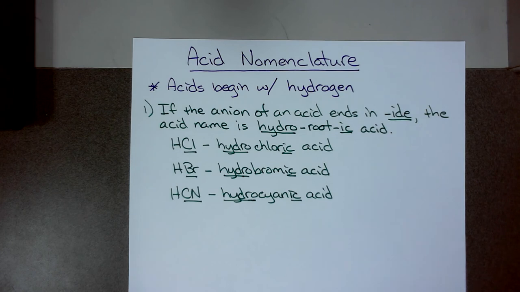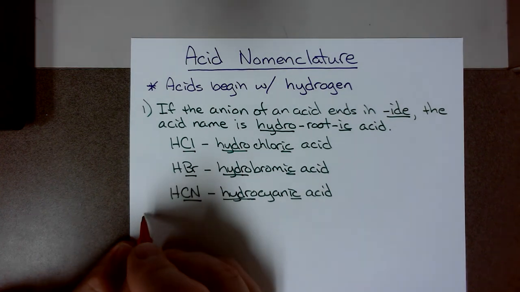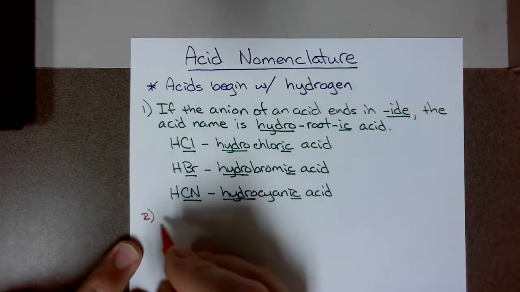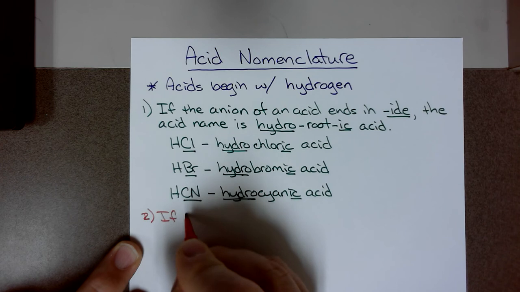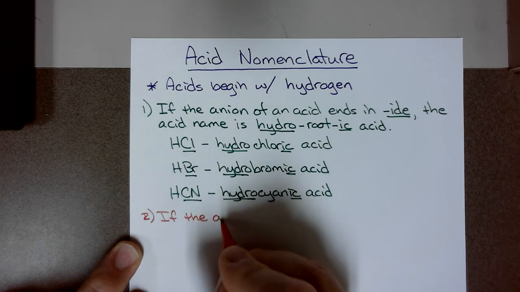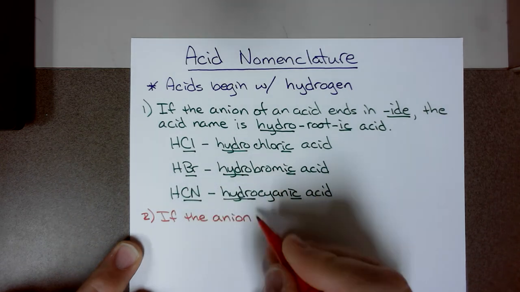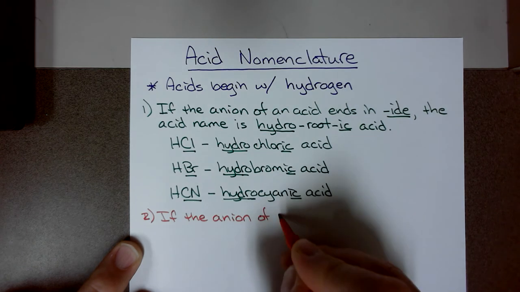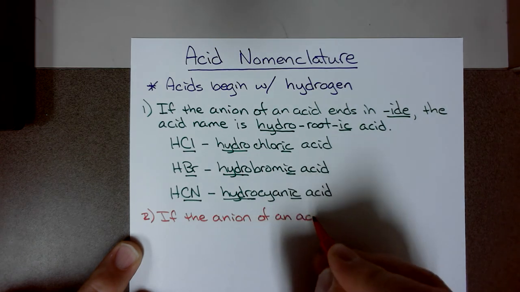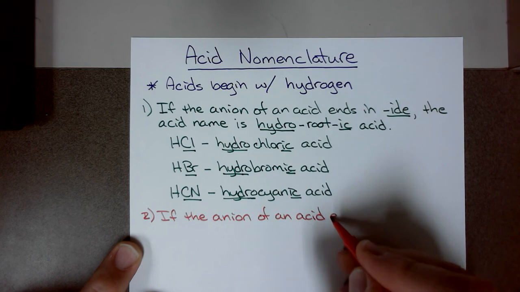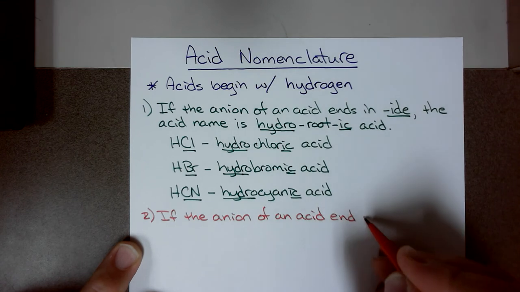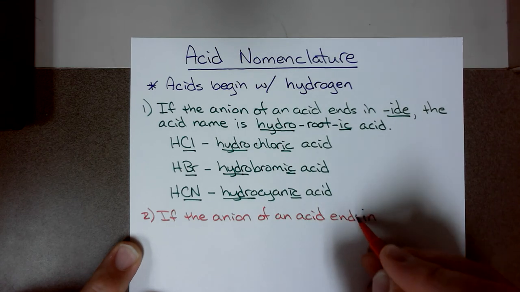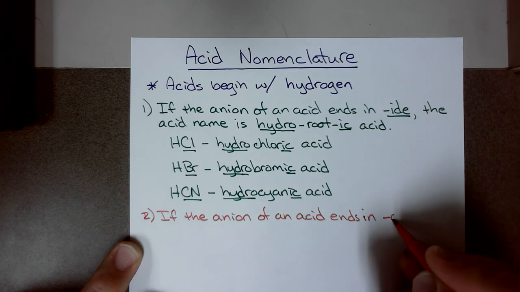The next one we'll look at is rule number two: if the anion of an acid ends in ate, we know it's polyatomic.